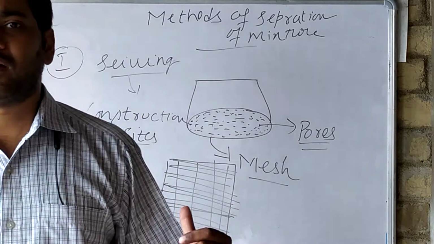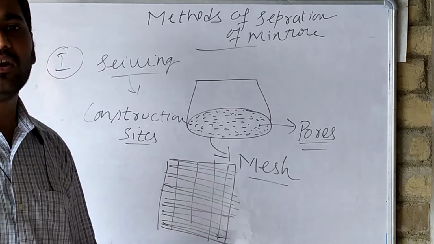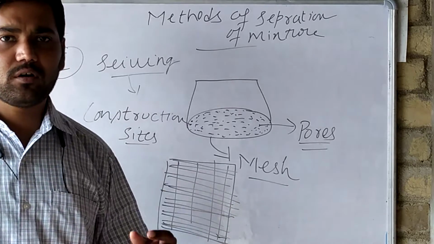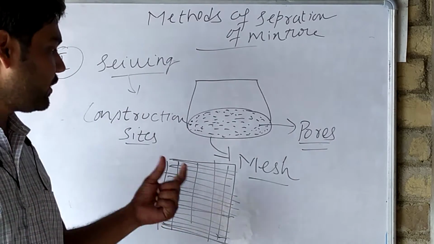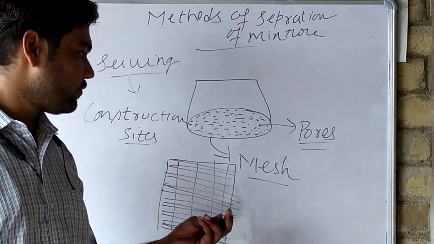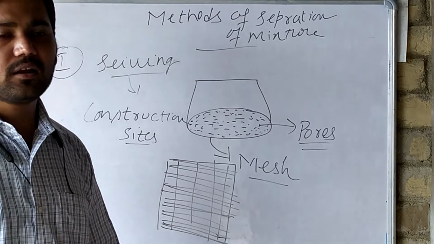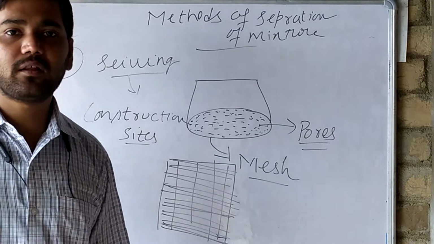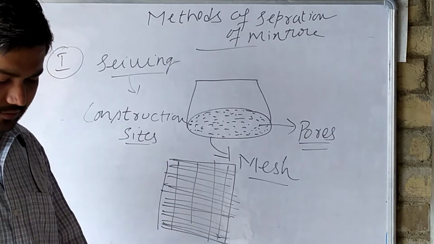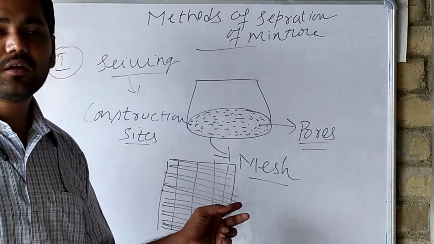Through this sieving pad they remove the bigger particles, which are waste material, and they collect the more important finer particles which are used in the construction site.